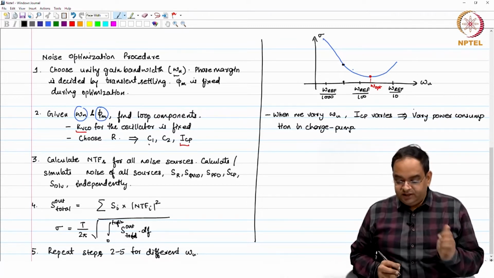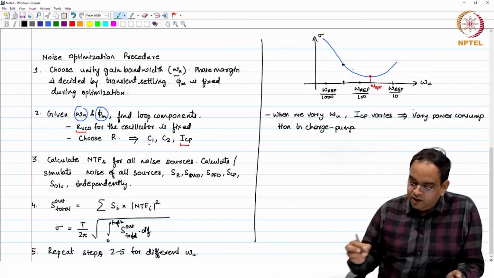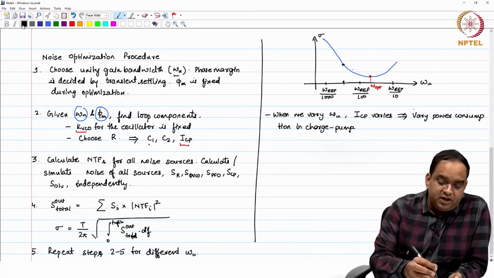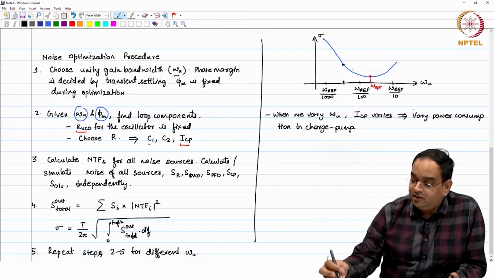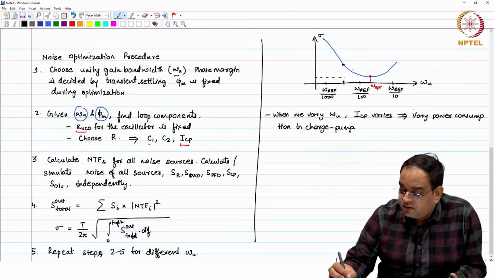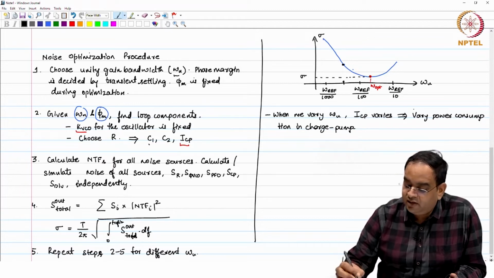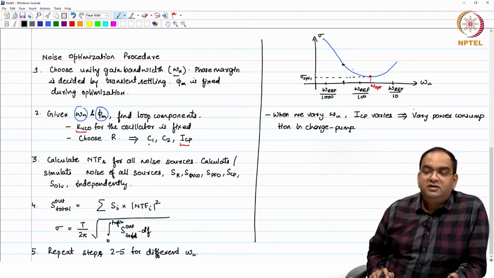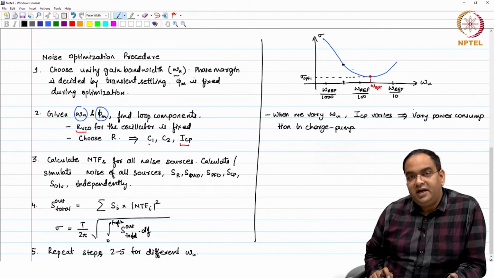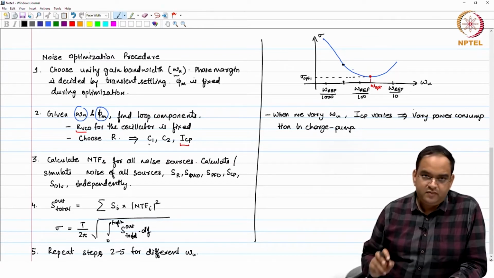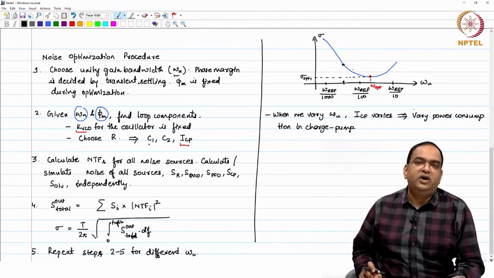So, when we do this, we find a certain omega opt. Now the question arises whether the value of the jitter which you have, let us say sigma opt 1, is lesser than your jitter requirements, or larger than the jitter requirements.